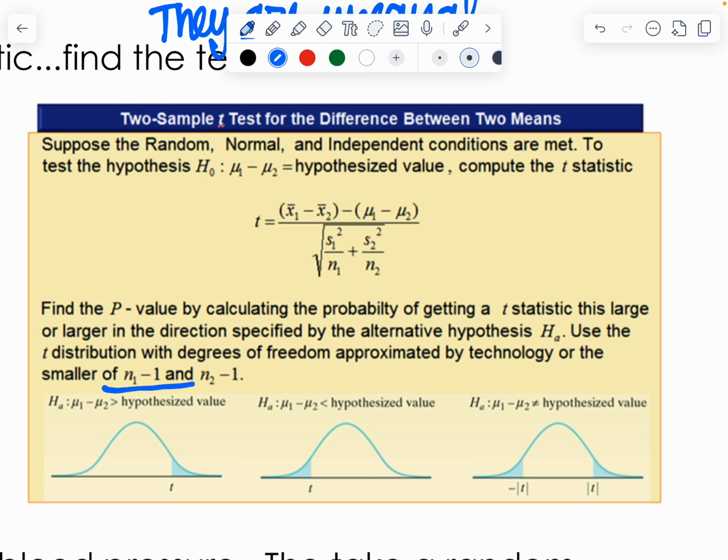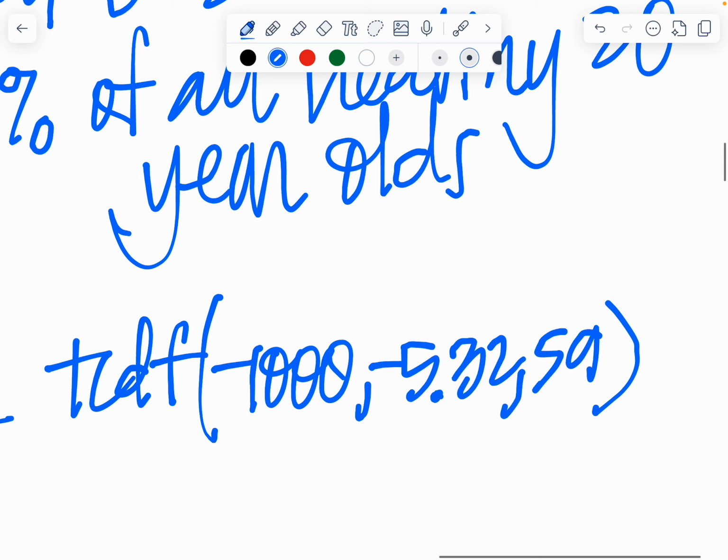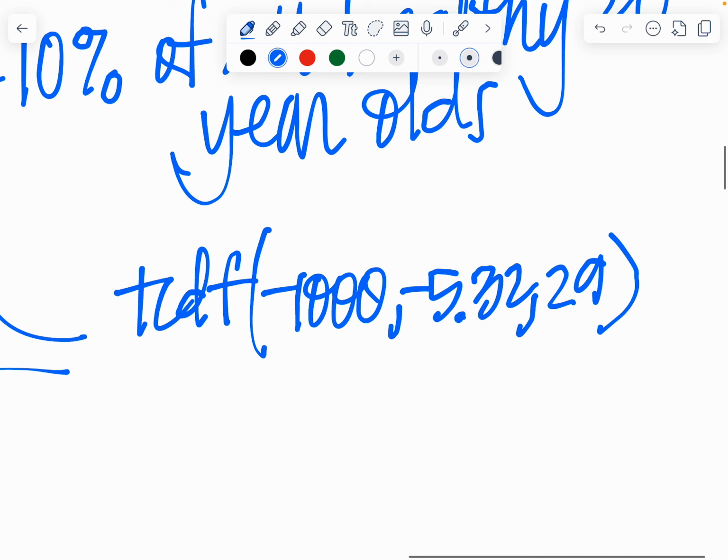Or the smaller of n1 minus 1 and n2 minus 1. So whichever of those is smaller. Well, in this case, our sample size is the same. They're both 30, so we actually are going to say we have 29 degrees of freedom. Which makes sense because technically we don't have a sample of 60. We have two samples of 30. So we would use 29.